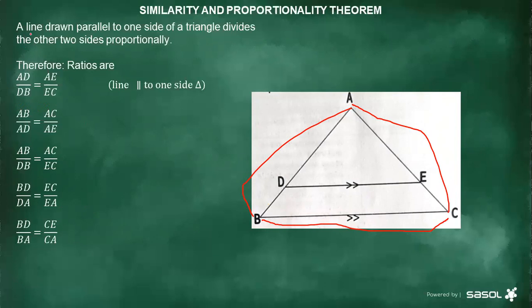Now, if we draw a line parallel to one side of a triangle, meaning you can see that we have drawn this line DE, such that line DE is parallel to BC, right?